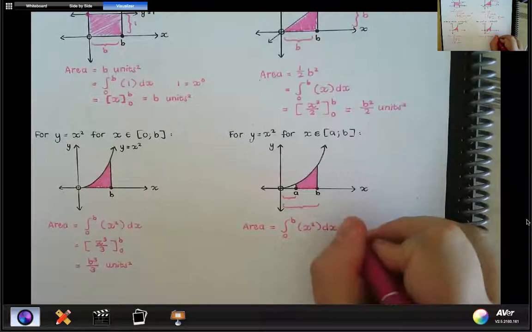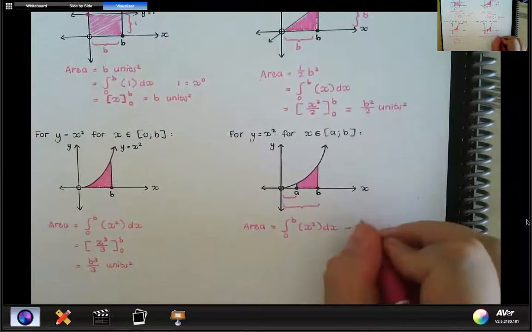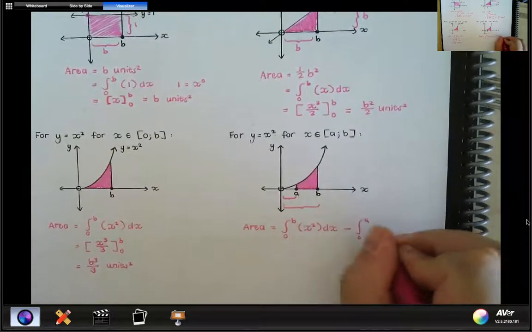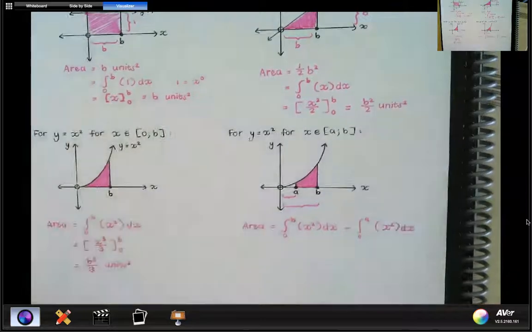And then we're going to subtract this small white area in the front, because we just want the shaded area. So we're going to subtract the area from 0 to a of x squared dx.